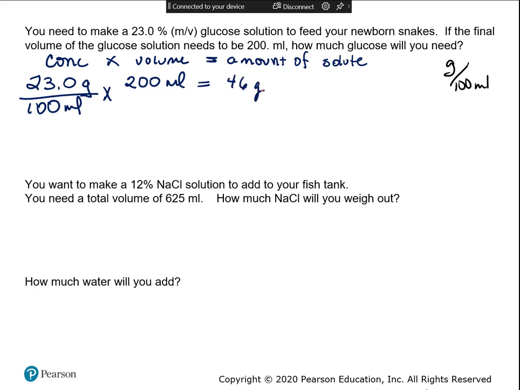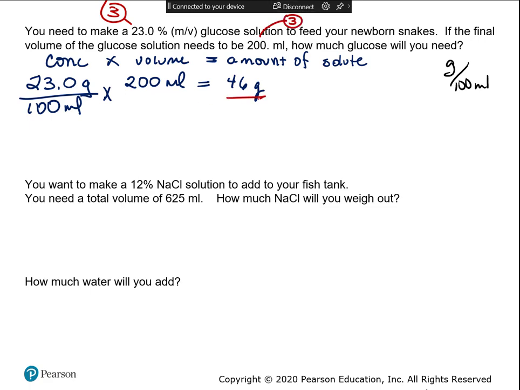46. That's it, okay? So without the mole part, it's just the same. It's just like doing the first part of the ones we were practicing. Concentration times volume is going to tell you the amount of your solute. Last thing, significant figures. So 23.0, how many significant figures? 3. 200 with the decimal place, how many significant figures? 3.